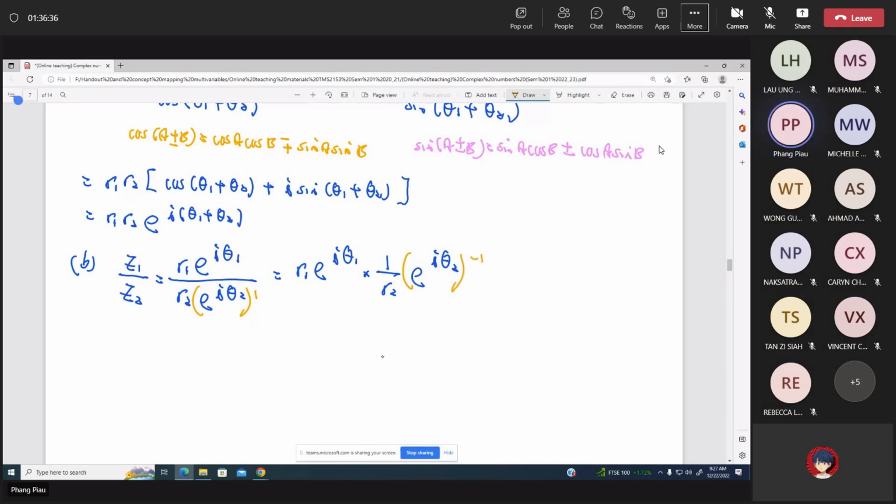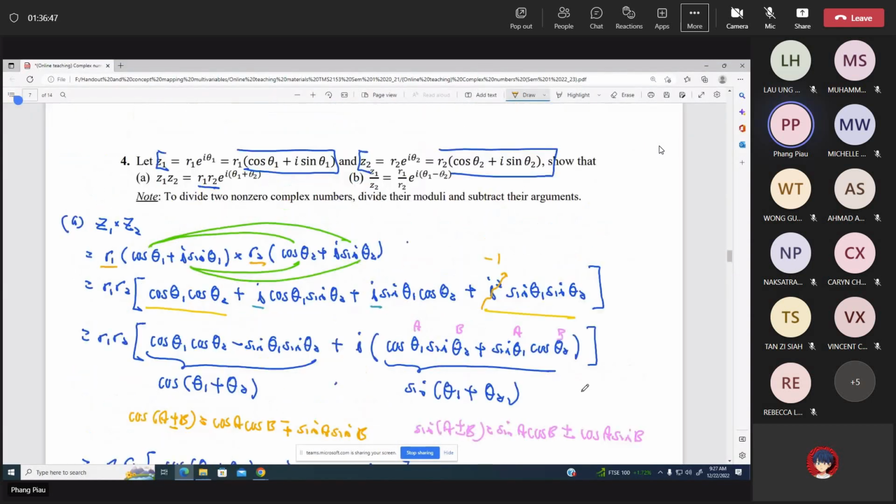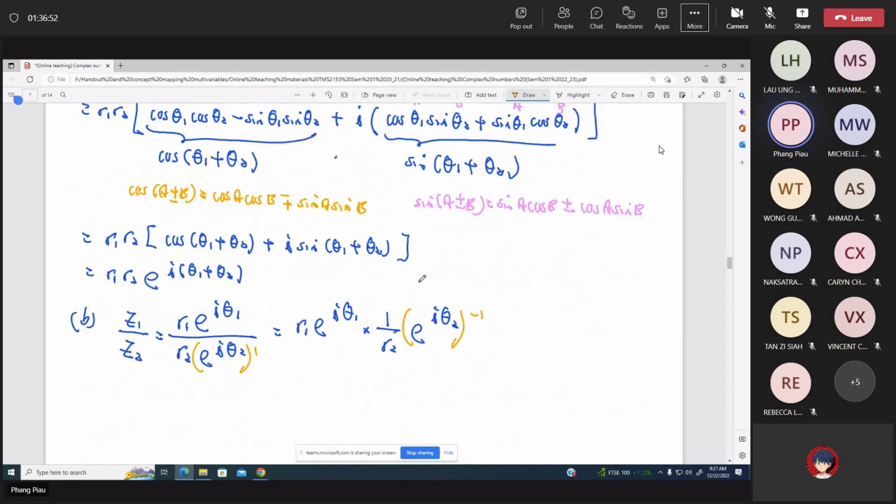Is it okay? Because when you bring this power into here, it becomes negative. So if you make use of this, we can arrive at R1 over R2 exponential i theta 1 minus theta 2 easily, because you have R1 divided by R2, and you have i theta 1 multiplied with exponential negative i theta 2.